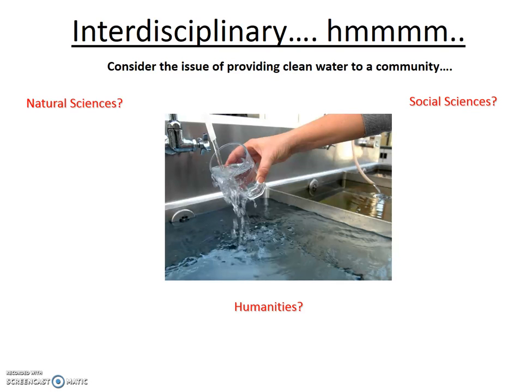Well, first let's consider where the water ultimately comes from, rainfall. Thus, an understanding of meteorology, the study of weather, and climatology, the study of climate, would be useful. Also, chemistry, geology, and biology will help us ensure that the water is safe to drink. And physics and engineering will help us design a pipeline delivery system.